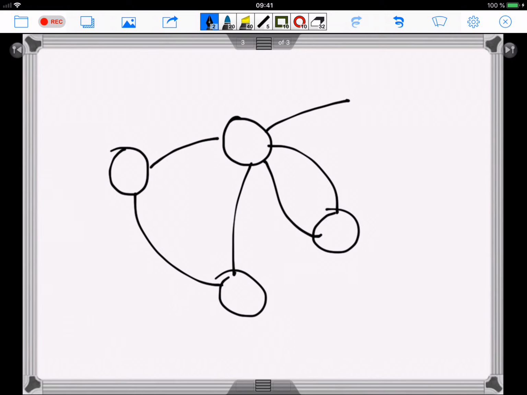So imagine, for instance, that you have here this vertex, here this vertex. Notice that this one has degree 2. So 2 here, 2 here, 2 here, 1 here, and then 5 here.